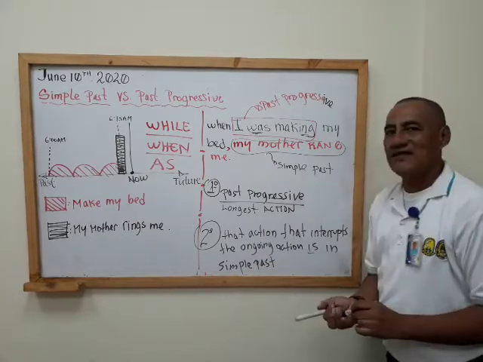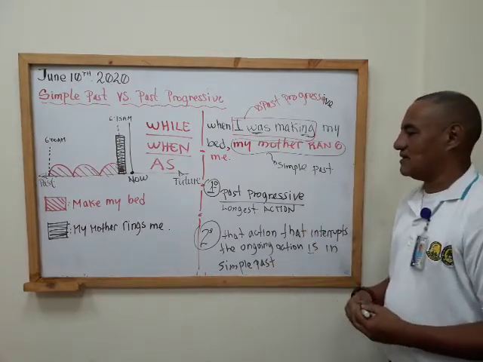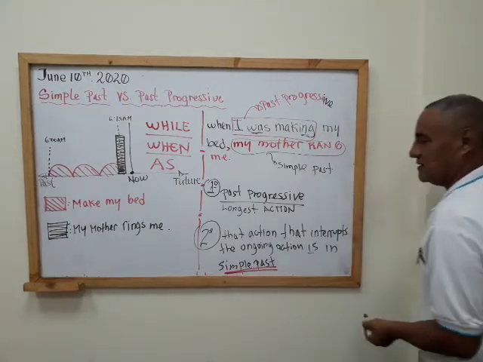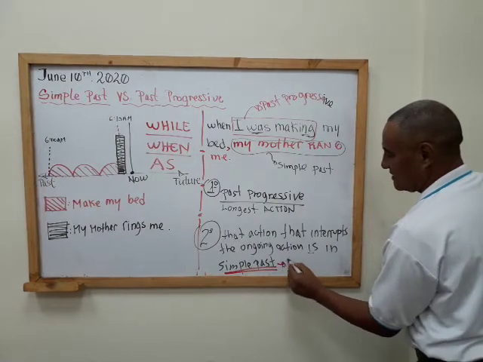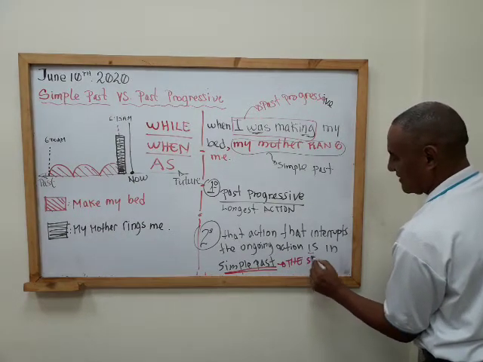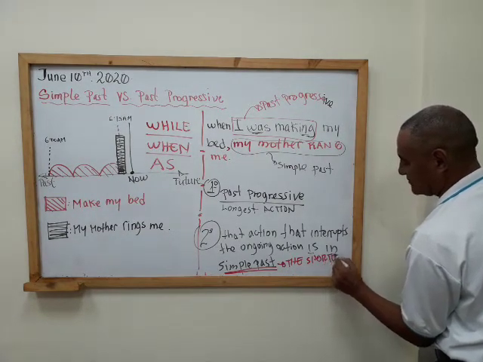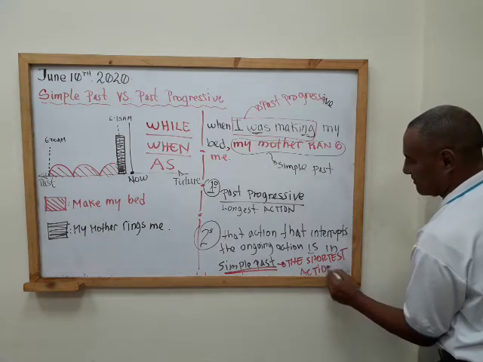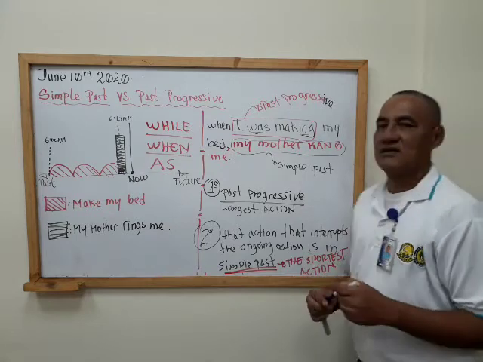La actividad que interrumpe a la otra siempre va a ir en pasado simple. That one is the shortest. The shortest action. Esa es la actividad más corta.